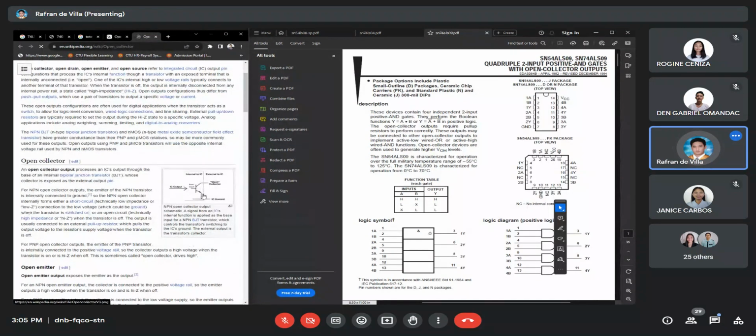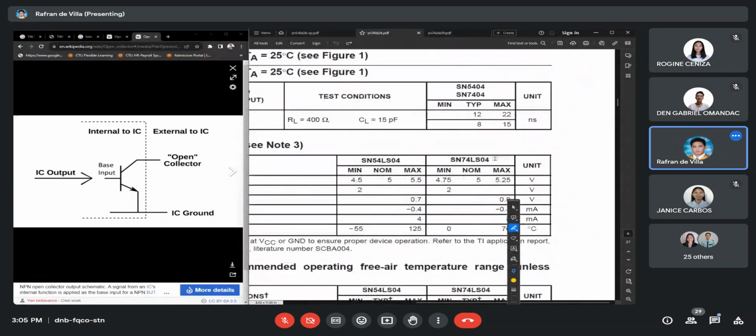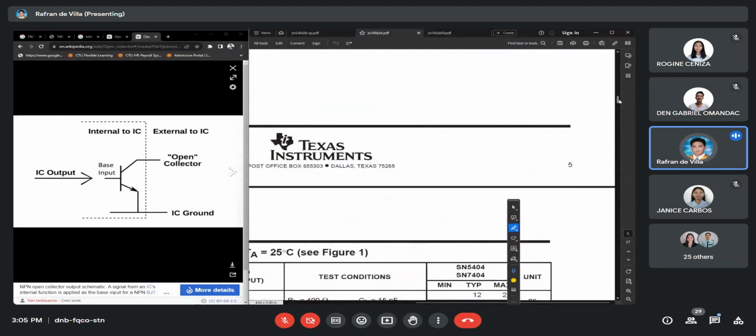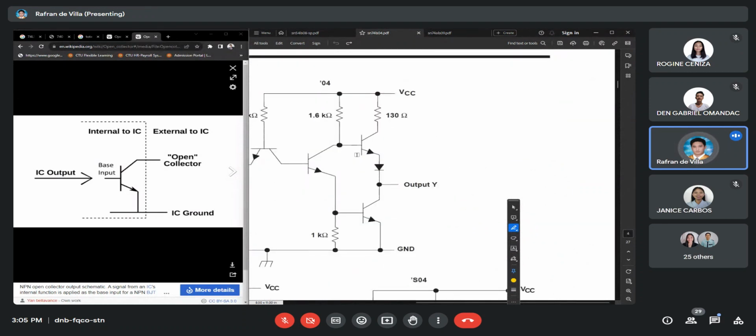So, sa open collector, kung magtanaw mo ani, walay connected nga upper transistor. Dili pareha sa totem pole. Ang naa niya is kanira nga portion which generates the low signal by simply pulling any signal to the ground.